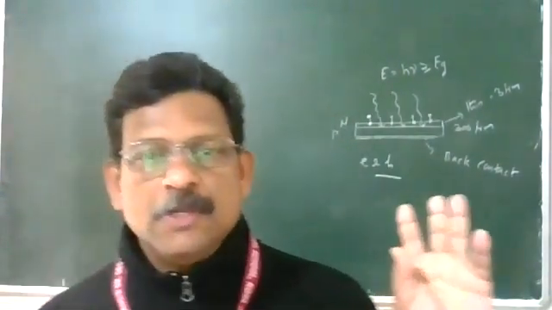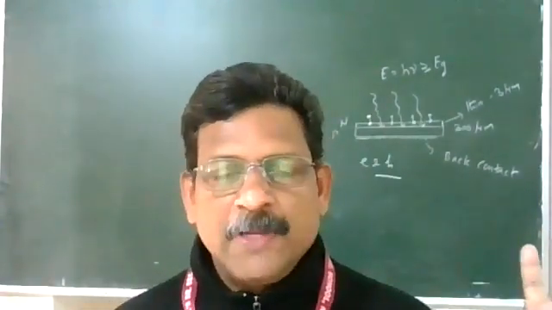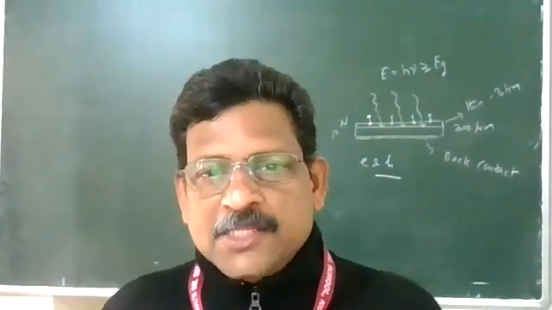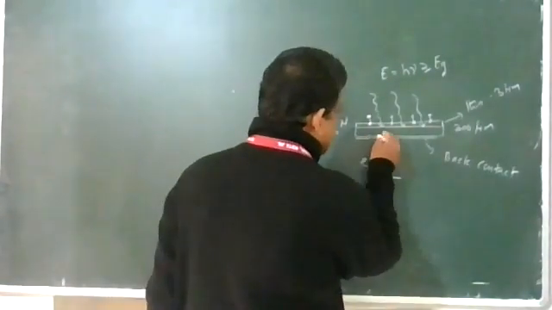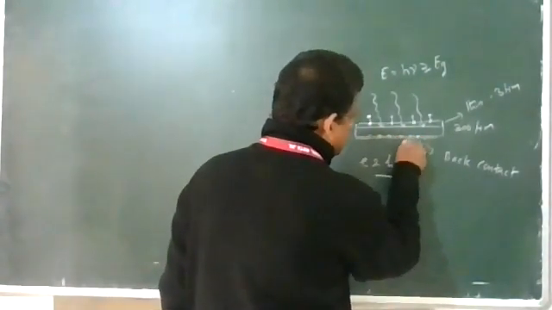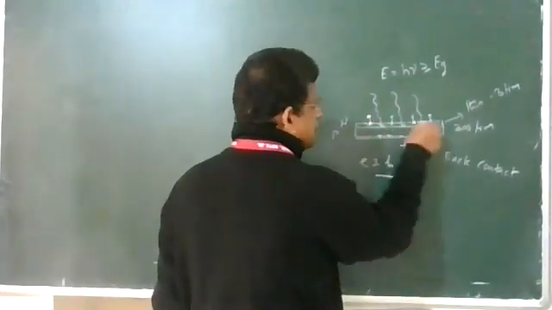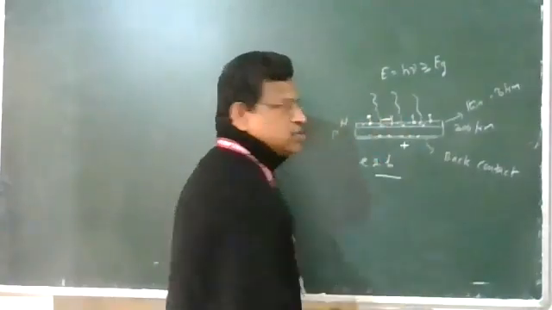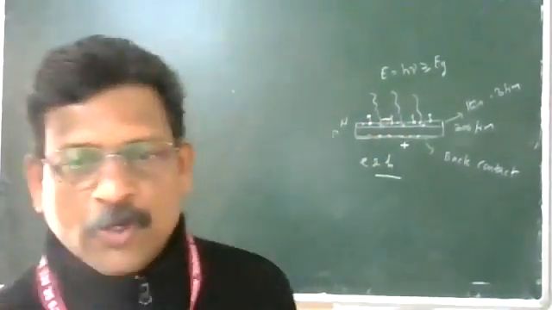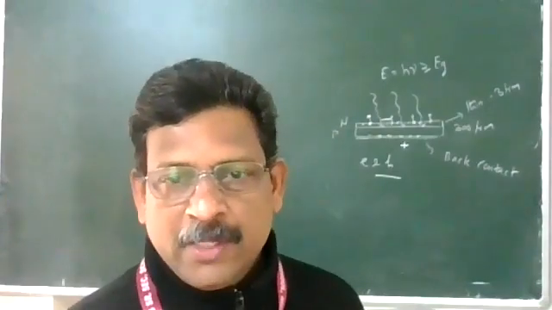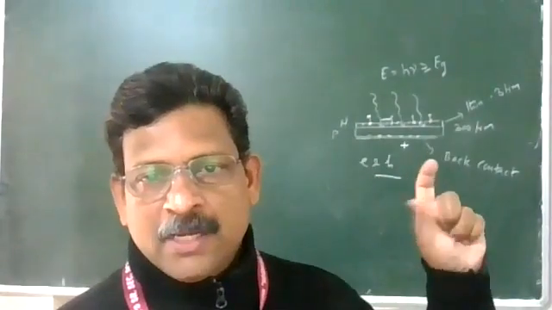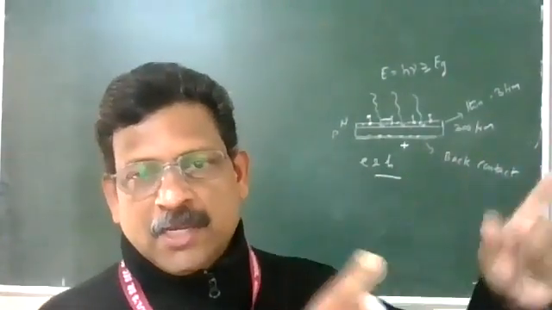Three processes. First, generation of electron-hole pairs. Second, separation. Who will separate them? The barrier electric field at the junction will separate them. The holes will reach the P side and become positive, and electrons will reach the top of the N side. So automatically a potential difference is produced between the P side and N side, without any battery connection.